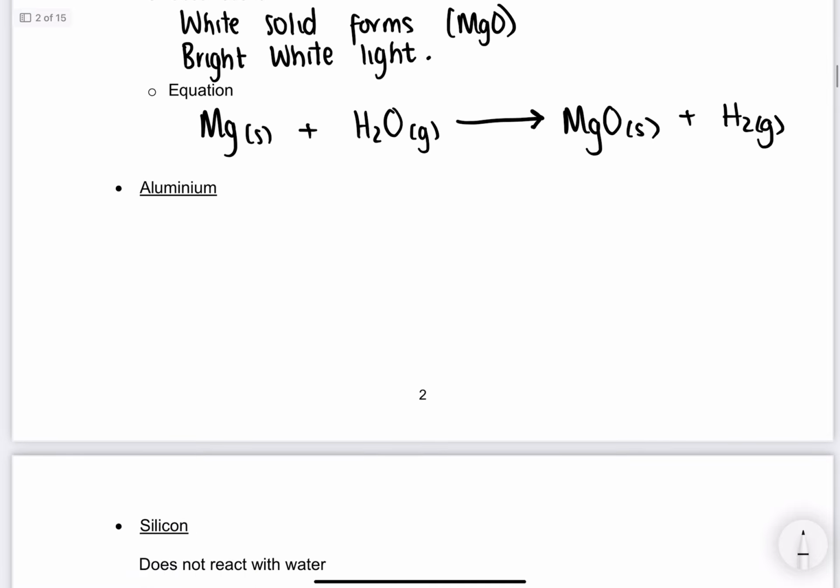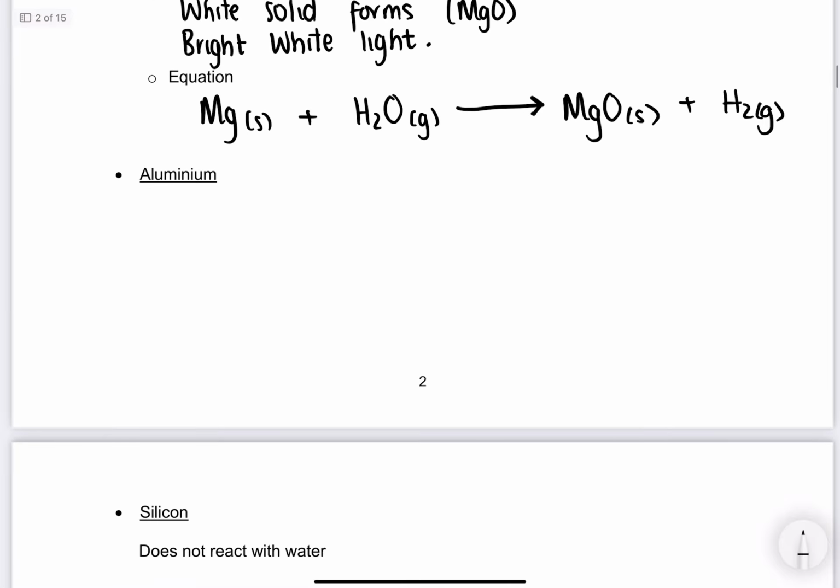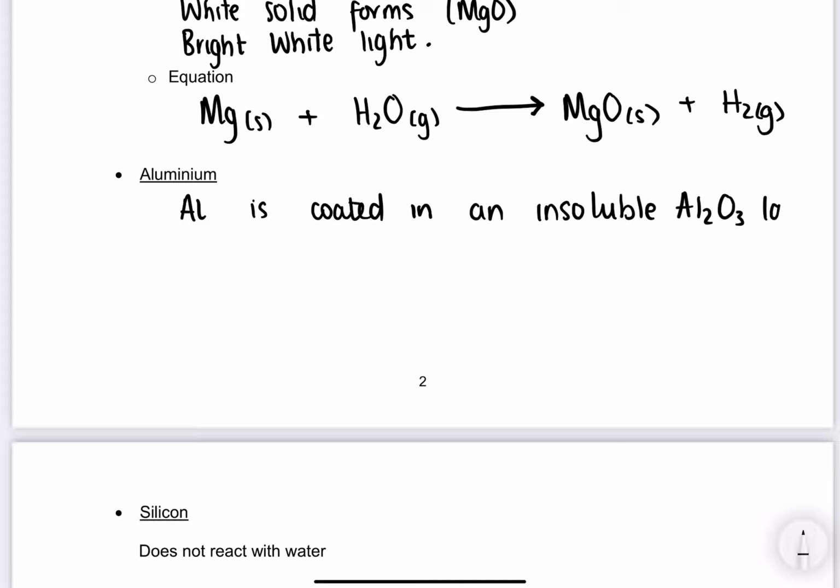When we look at this space for aluminium, we can see that there is no reaction written. Obviously, we wouldn't have that advantage in an exam. We just need to think, why is there no reaction here? And that is because, unlike the other metals, aluminium is coated in an insoluble Al2O3 layer.